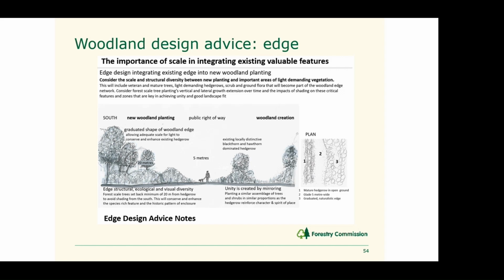In this case, it was along a public bridleway, so that already gives you a bit of extra space. And then in order to integrate it into that landscape, it makes sense as well to have blackthorn and scrub, a good edge on the other side of that track. And that's all about understanding and considering the dimensions.